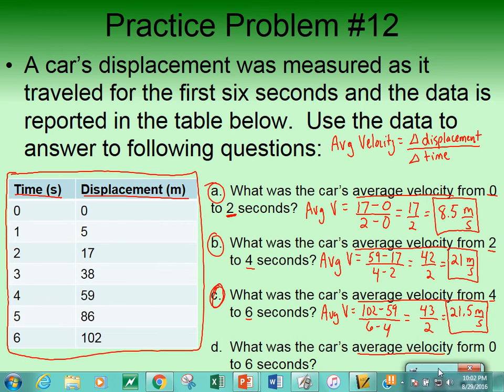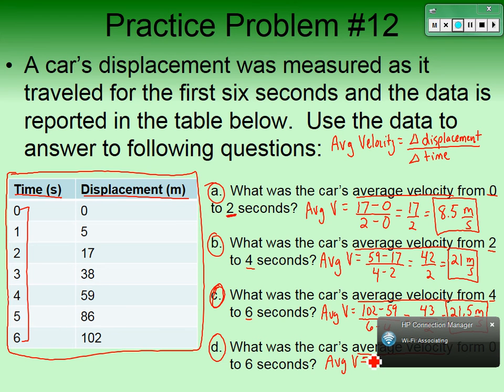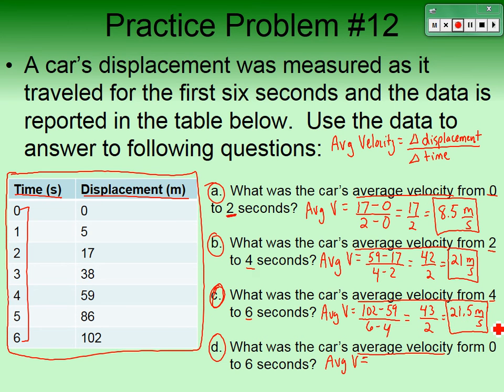Okay, slide this out of the way for a second. And now let's do part D, which says, what was the car's average velocity from 0 to 6 seconds? So we're going to start at 0 and go clear to 6 seconds, the whole trip. Again, average velocity is equal to the displacement final, which would be 102 at 6 seconds.